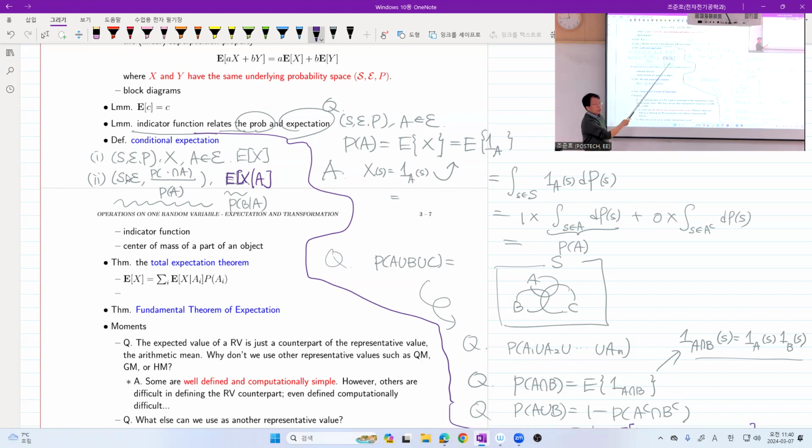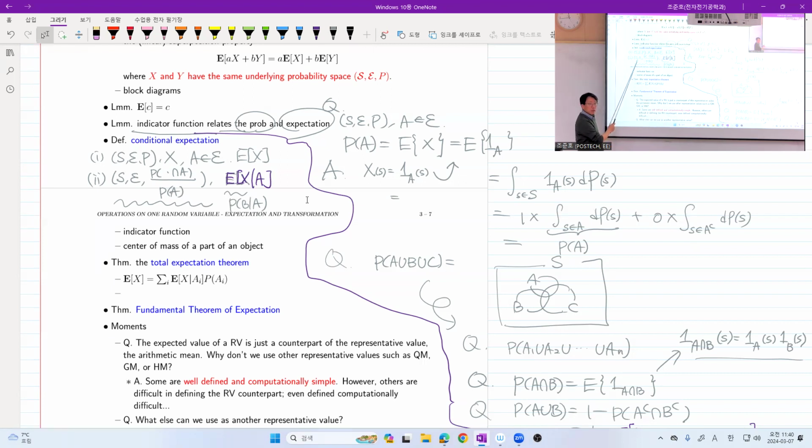Got it? Now, suppose we are just given a random variable X and some event A, and suddenly somebody gives you this notation. What must it mean?